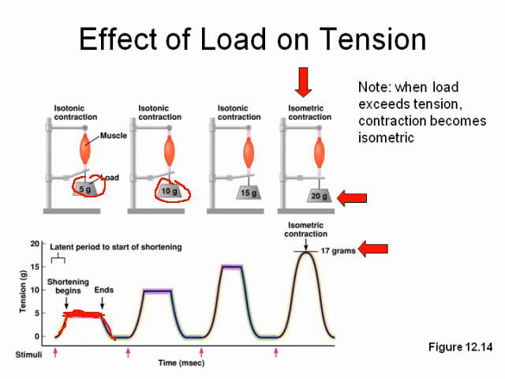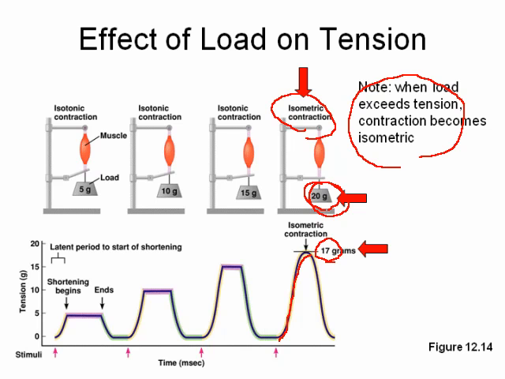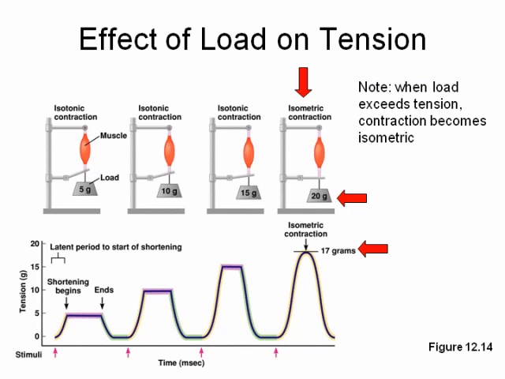Tension is going to have to increase above before because we have a heavier load, but once it exceeds that 10 grams, it's going to maintain that same tension, pulling this 10 grams up and holding it up. Once we get up here to 20 grams, we finally reach a point where we can no longer have an isotonic contraction. We have an isometric contraction. The muscle tension is going to develop, but in this case, we only develop 17 grams of tension, and it's a 20-gram load that we're trying to lift. So when the load exceeds the tension, the contraction becomes isometric. The muscle cannot change its length.